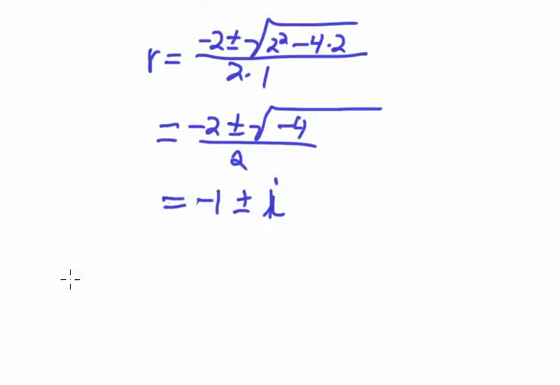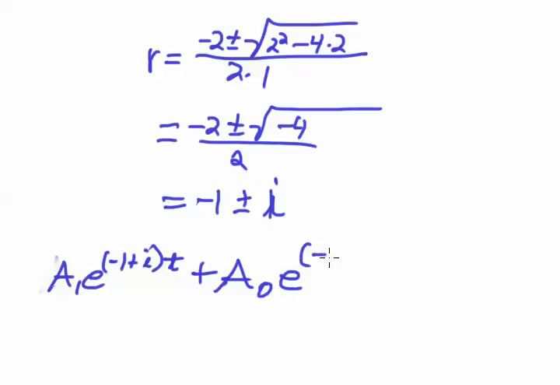In this case, we would have a sub 1 e to the negative t plus it. As a matter of fact, let's write that as a sub 1 e to the power of negative 1 plus i t plus a sub naught times e to the negative 1 minus i t.